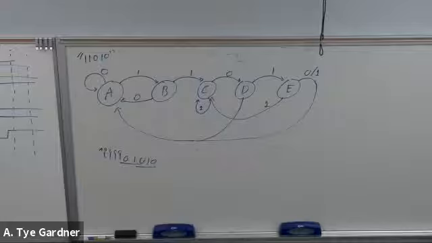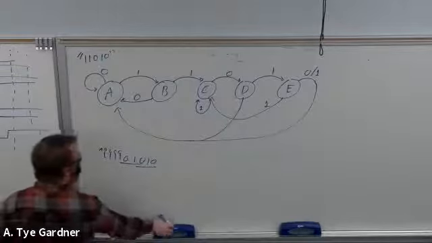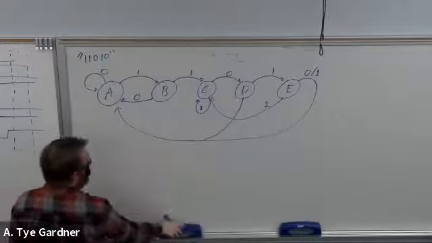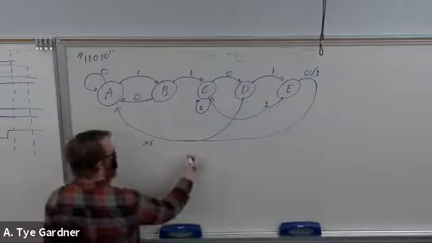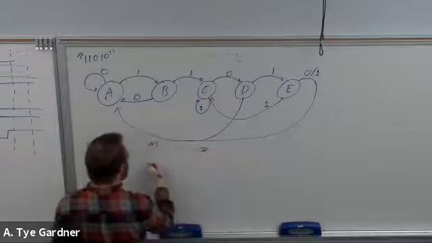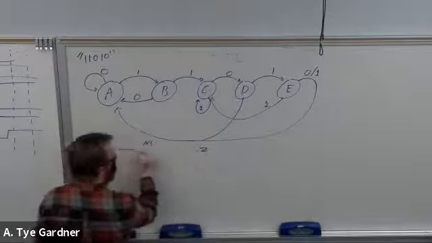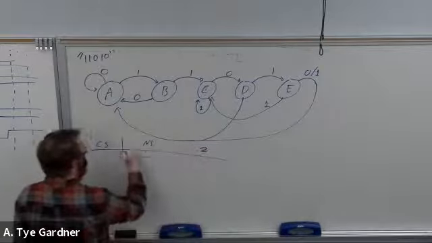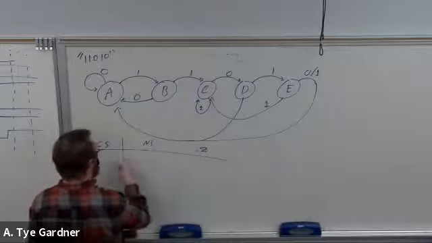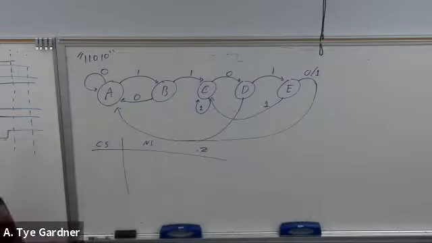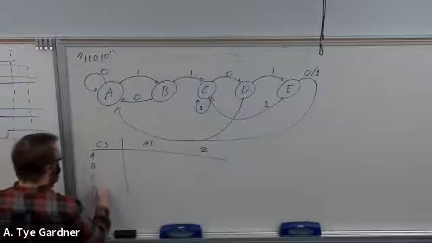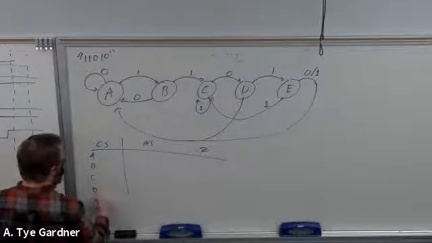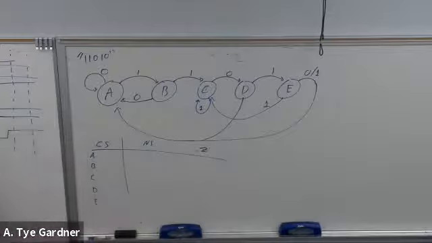So the next step is the state table, where we take current state, next state, and the output, which I'll call Z. Now the current state is really 2 different things, right? First off, it's the A, B, C, D, and E, the names.